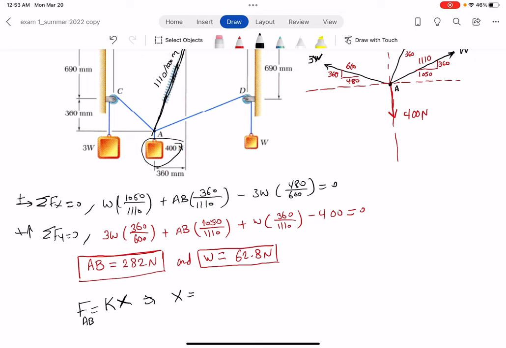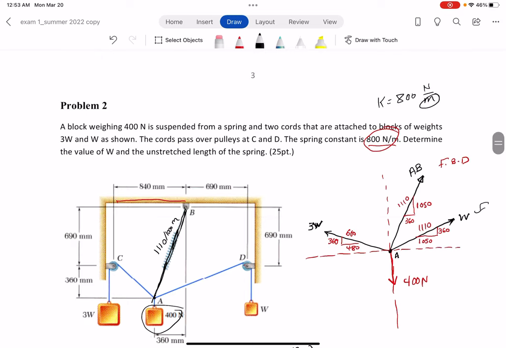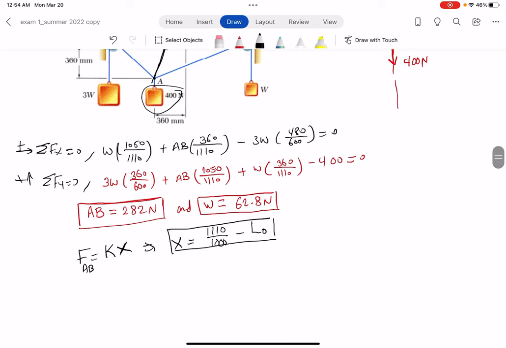It is 1110 over 1000 minus the original length of the spring, L naught, and this is X. That's what he wants at the end: the original length of the spring, L original. So we're going to find L original right now.